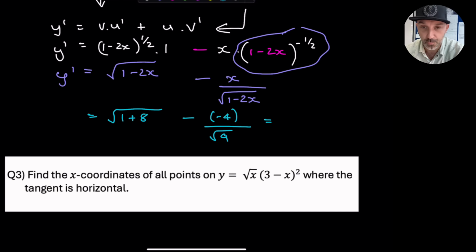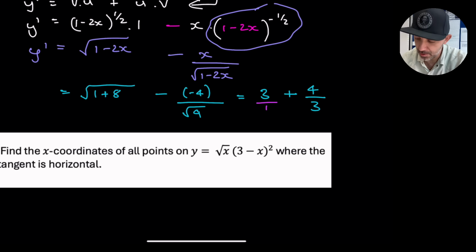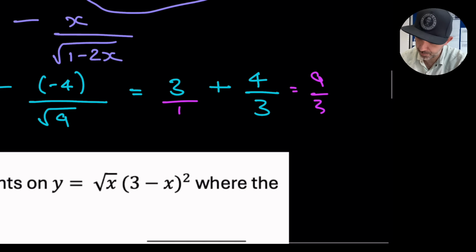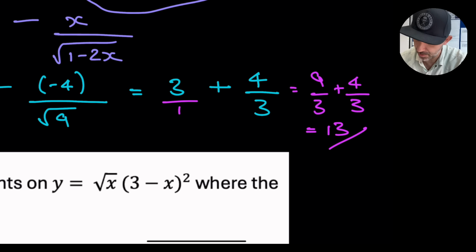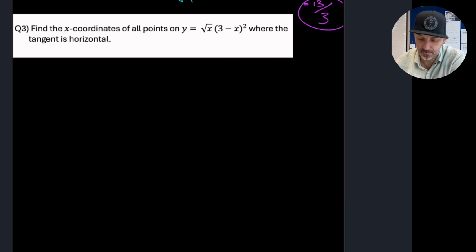So this will become root 9, which is just 3, plus 4 over 3. So we can say that this is over 1, times top and bottom by 3. So that would become 9 over 3 plus 4 over 3. So that would equal 13 over 3. And that's our answer for part 2.